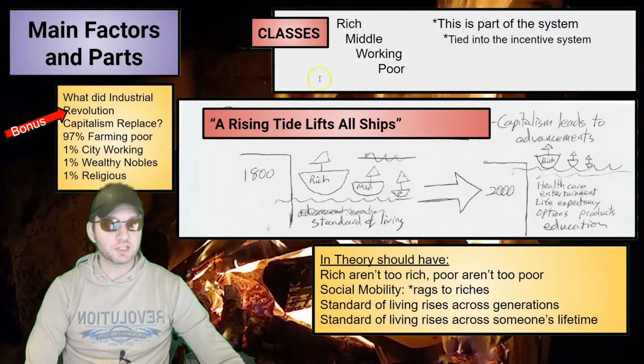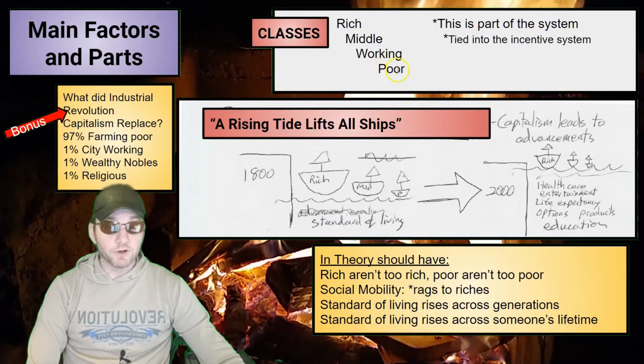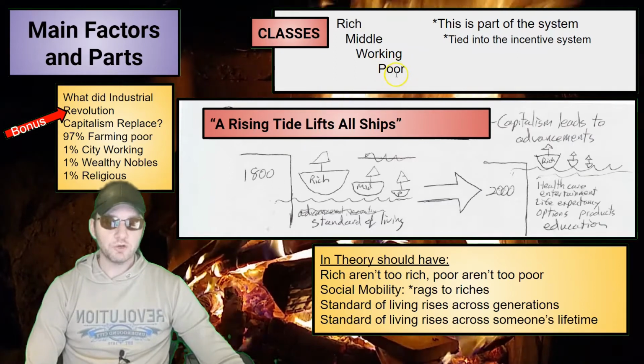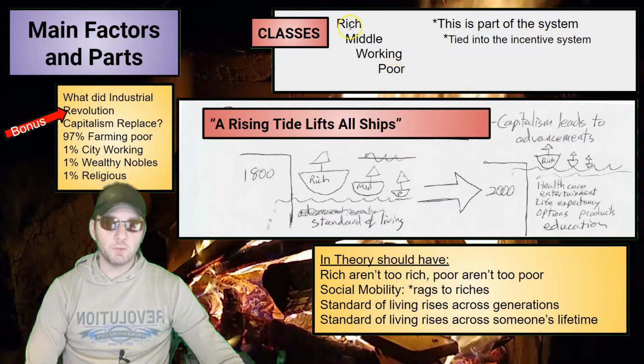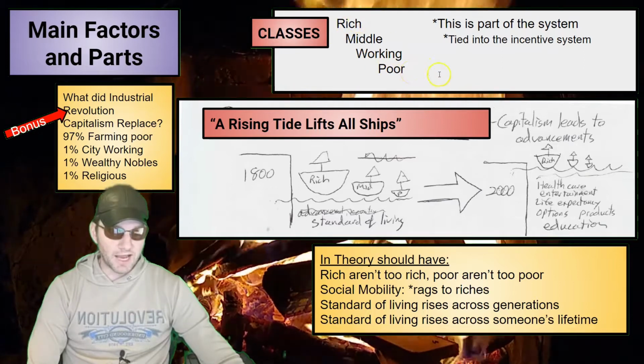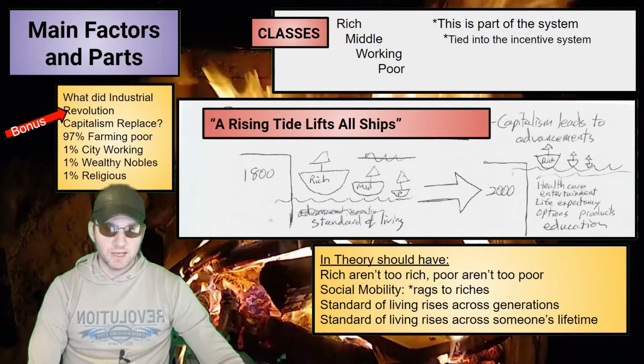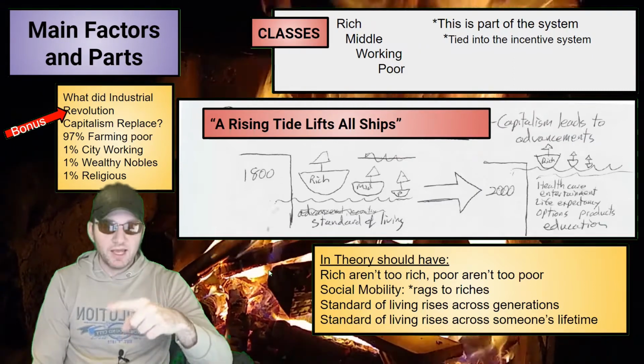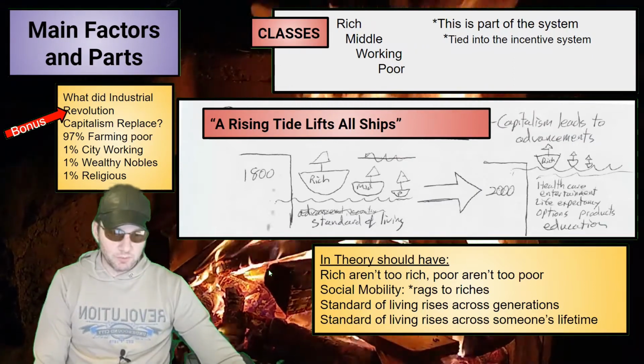And many did this. They started out in poverty, literally starving to death, but through their own ingenuity and hard work, they became owners of businesses and became rich. Rags to riches. Now, that is very rare. Back in the day and today, it is incredibly rare.